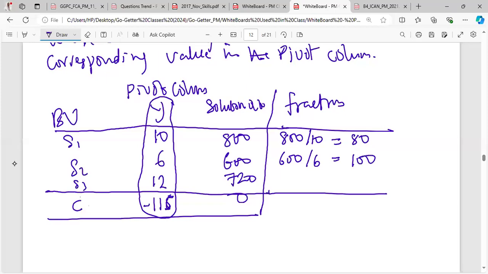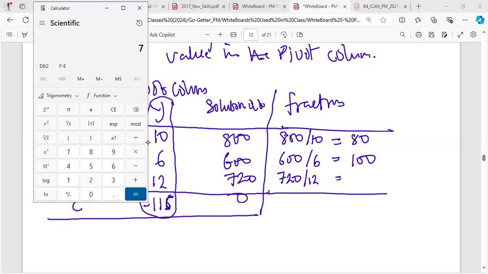That will give me 100. Then we have 720 divided by 12. Let's try. 720 divided by 12 gives me 60.